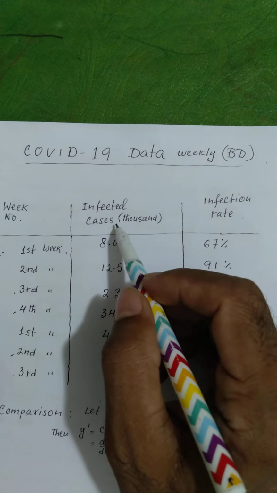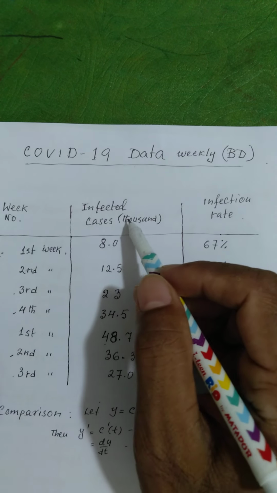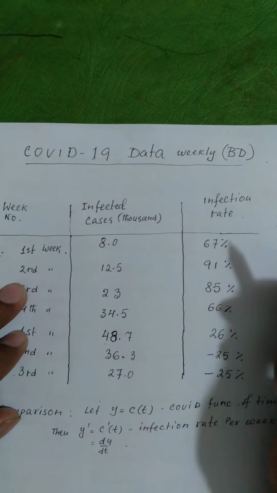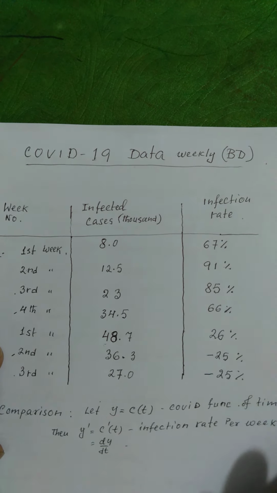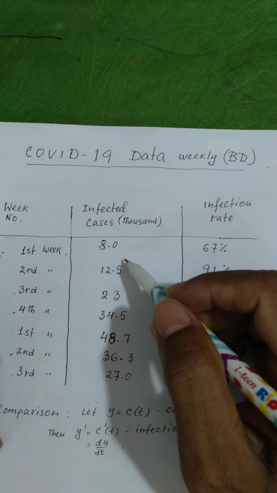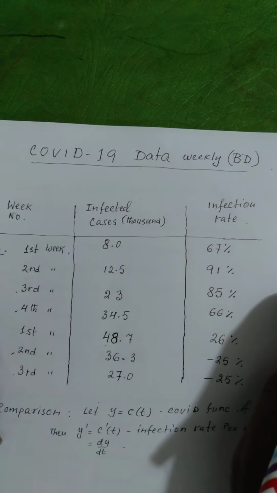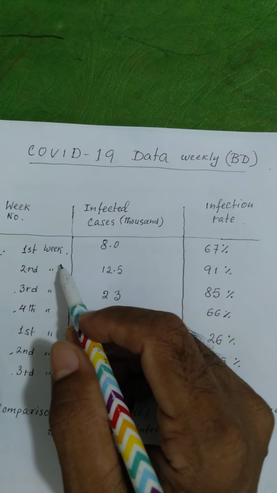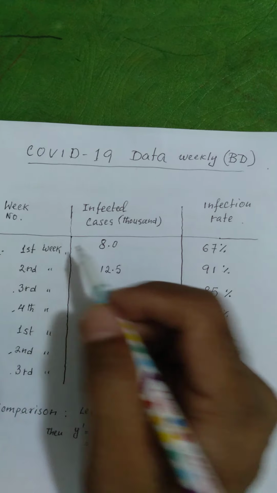The first column is COVID infected cases, in thousands, and the second column is infection rate. Infected cases are in absolute quantity. COVID positive cases started to increase sharply from 1st March.